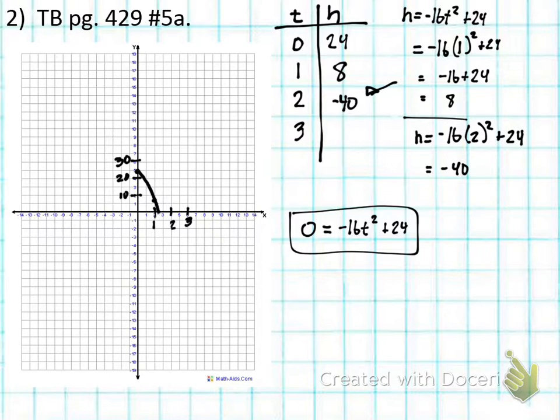Is there a b? No. So what are the methods I should try to get first? Is there a GCF? Yes. What number goes into all the 16 and 24? 4, good. So let's take out 4. 4 times negative 4t squared plus 6 is equal to 0.